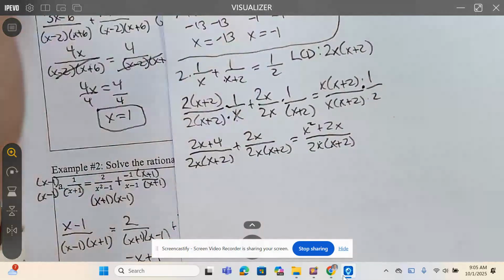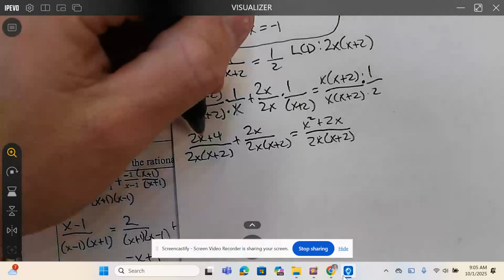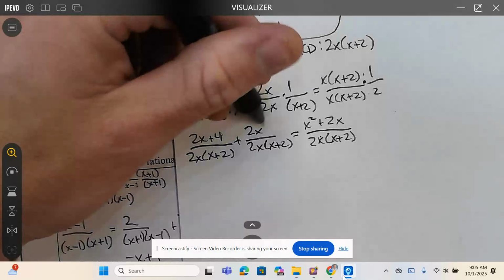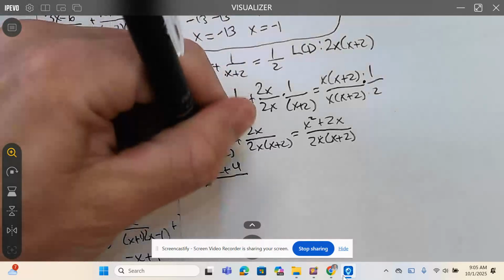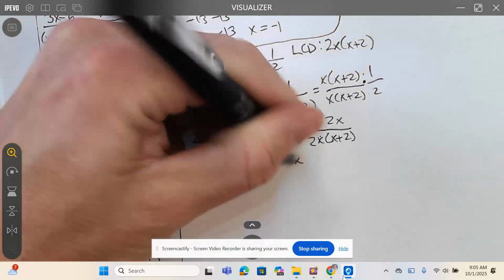So I just distributed, simplified. Now I can combine 2x plus 2x is 4x. So 4x plus 4, 2x, x plus 2 equals x squared plus 2x.